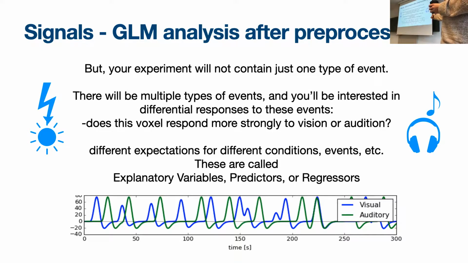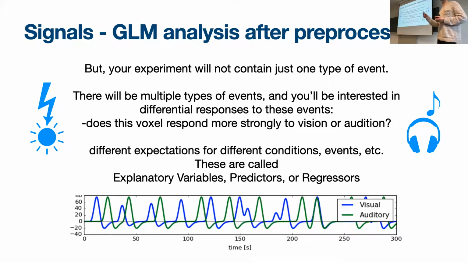And we have separate types of events, so also different shaped expectations of what a signal would look like. So in an idealized situation, in an ideal brain with no noise, if I'm looking at an auditory voxel, it should respond exactly like the green time curve. And a purely visual voxel with no noise should have this blue response over time.